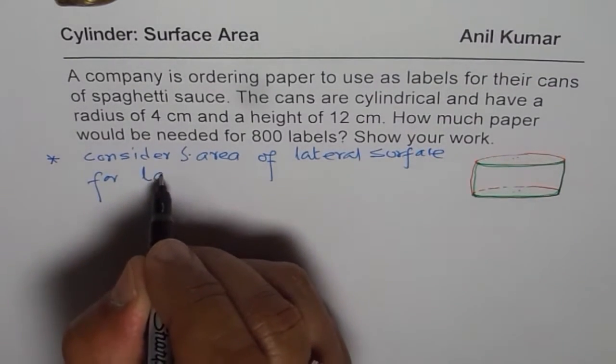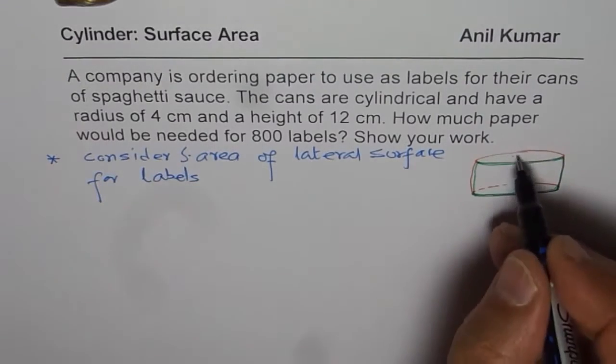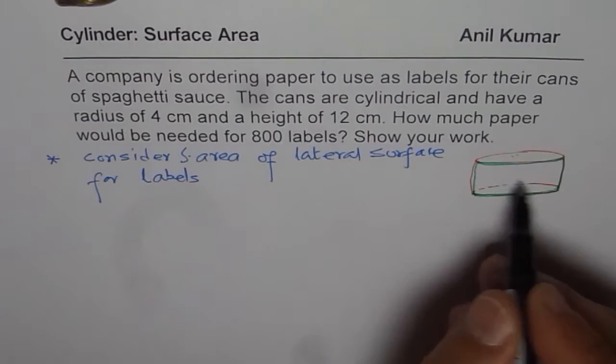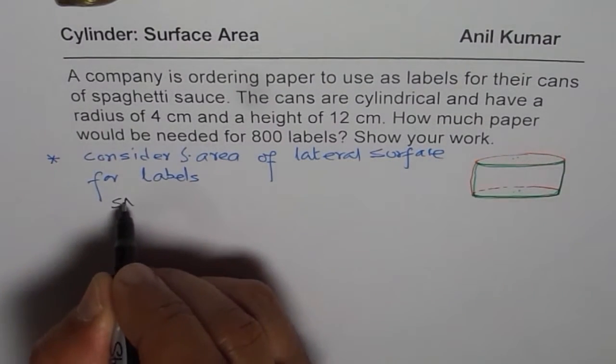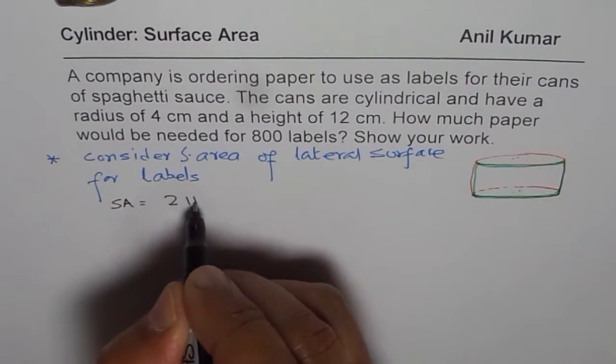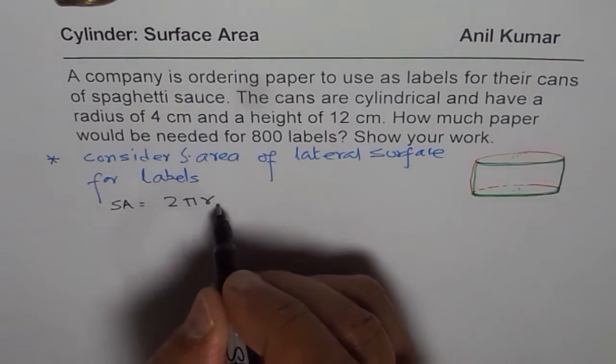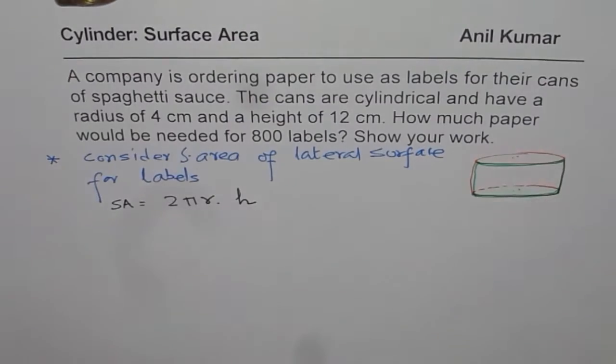That is very important. Don't make the mistake of adding those two areas. Now what is the surface area here? The surface area of the lateral surface is 2 pi r, which is the circumference, times height. So that is what it is.